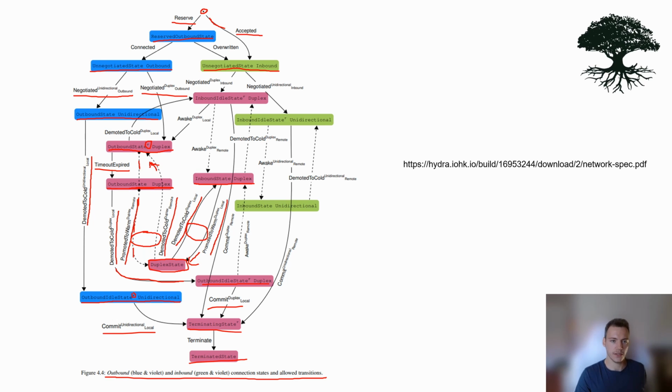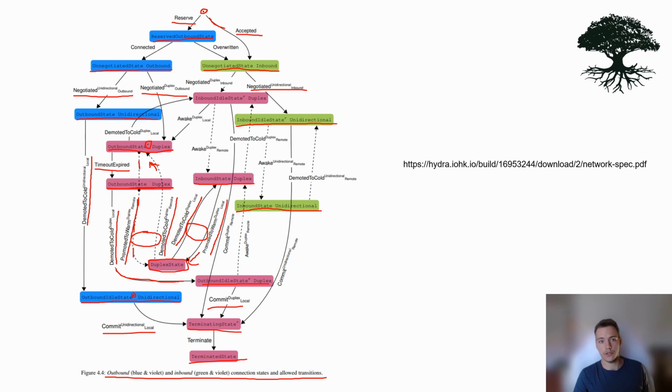Again, this can result in either a unidirectional connection, in which case we go to the inbound idle state unidirectional, where we wait for the other node to start the mini protocols towards our node, and if that does happen, then we enter the inbound state unidirectional, and that's it. That's the active connection for an inbound unidirectional state. The other node is using the mini protocols towards us, and that's it.